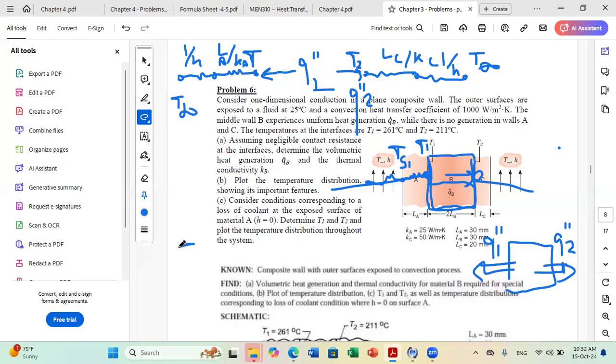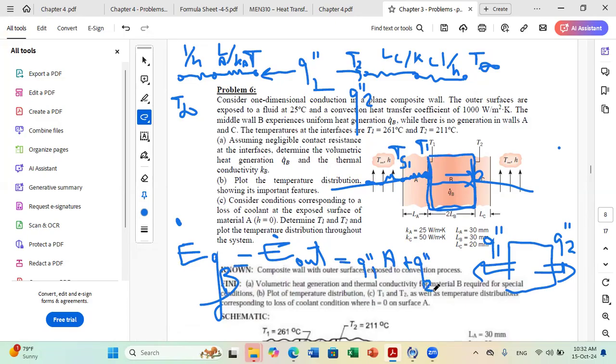So I can say that for material B, E dot generated in B is equal to total E dot out. And E dot out total is equal to Q second 1 times area of the wall plus Q second 2 times area of the wall.